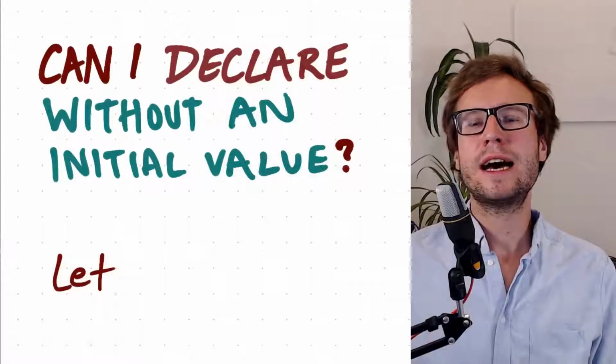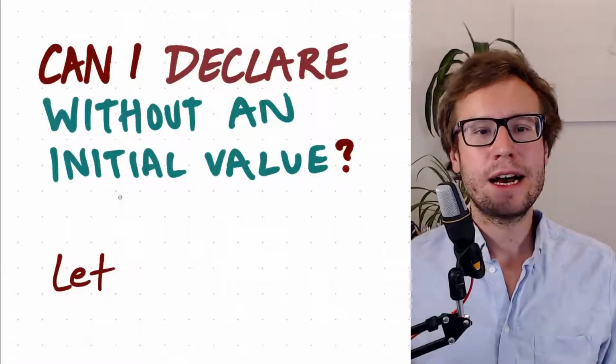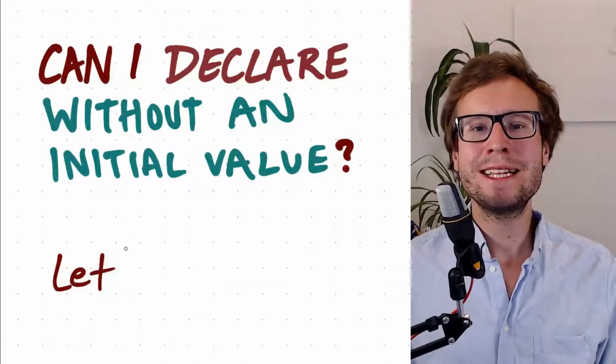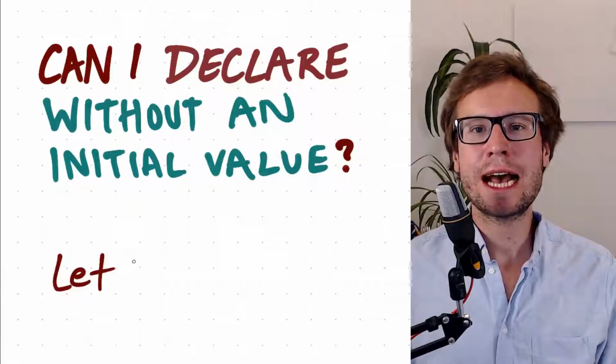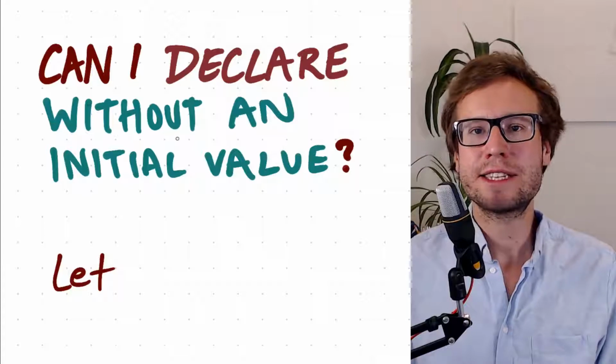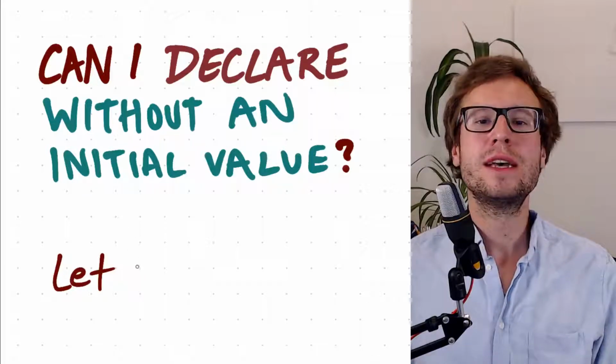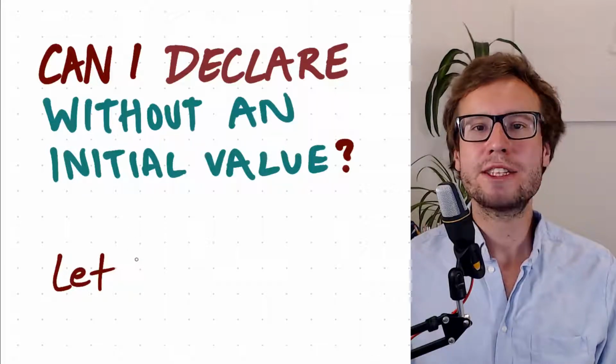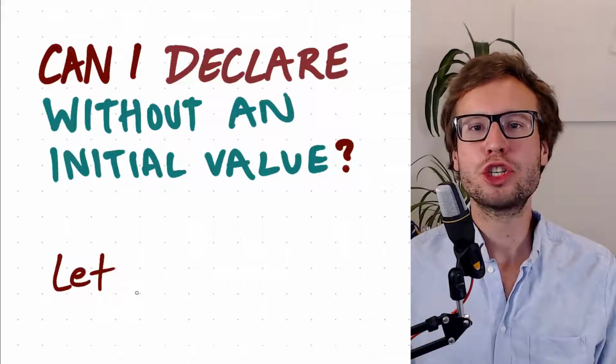Now, I want to go a little bit deeper, because what does this mean? What does this mean that we cannot reassign? It means that once we assign initially, it has to stay assigned to that value, and that affects what happens to this initial declaration, right?